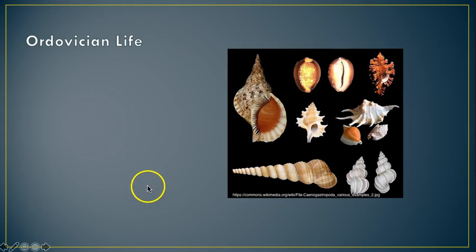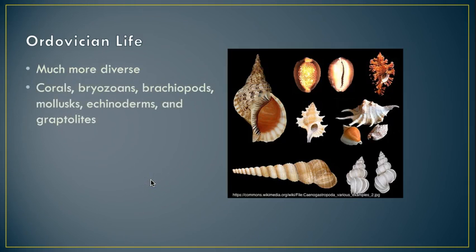There was a great diversification of life during the Ordovician, with many animal groups evolving that are still around today, including corals, bryozoans, brachiopods, mollusks, echinoderms, and graptolites. These new animals ate stromatolites and burrowed into their structures, resulting in their decline. Coral reef communities also developed.